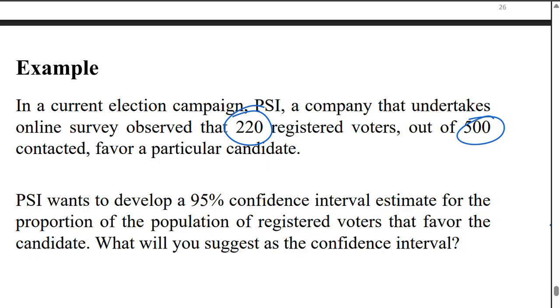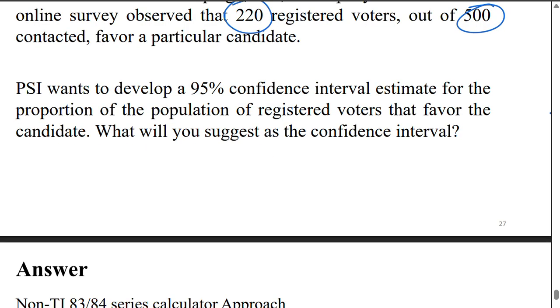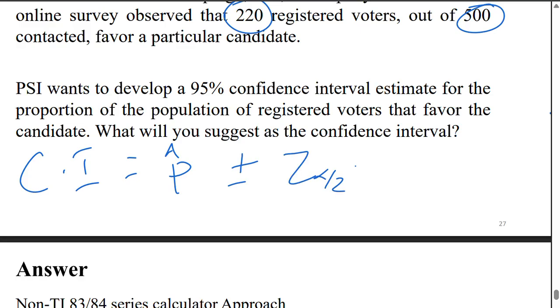And so here we're looking at finding our confidence interval, but it's for a proportional distribution. Our confidence interval formula says take your sample proportion, which is p hat, add and subtract your margin of error, which is your Z alpha over 2, multiplied by the standard deviation of the sample proportion.